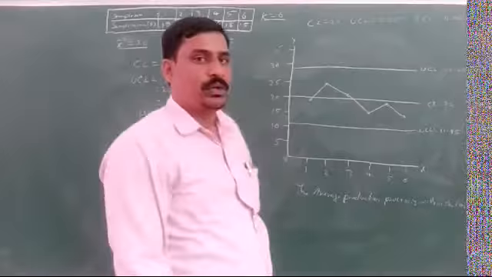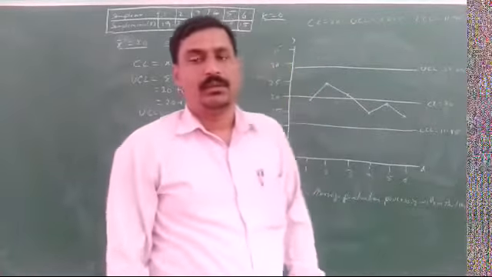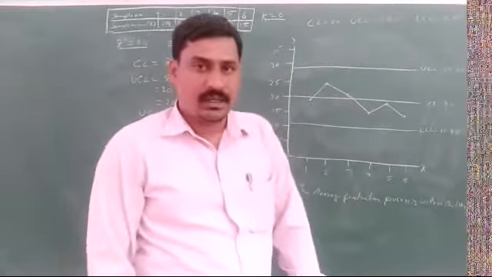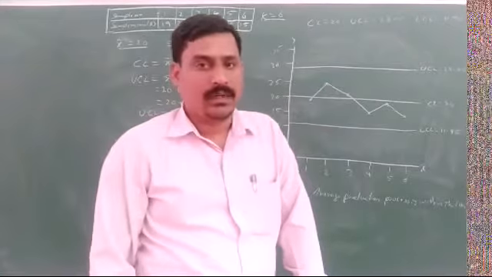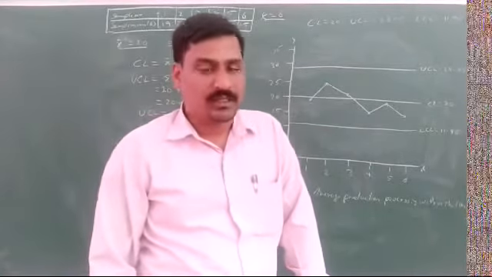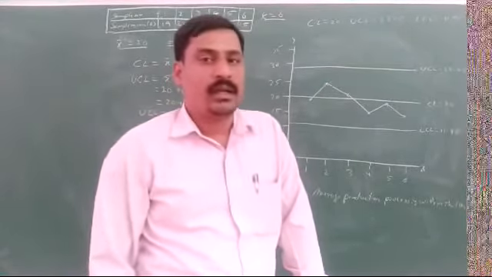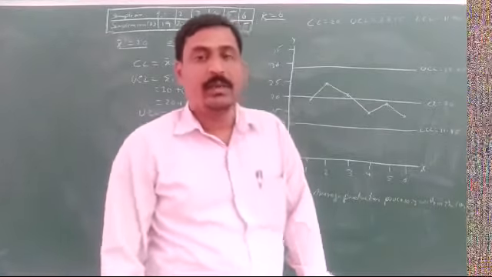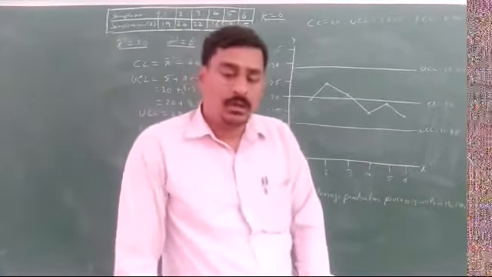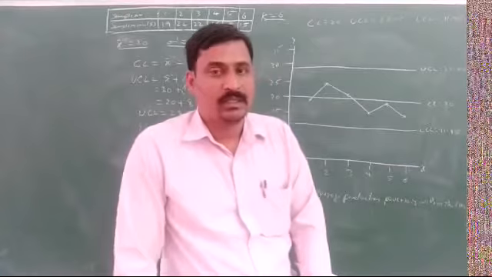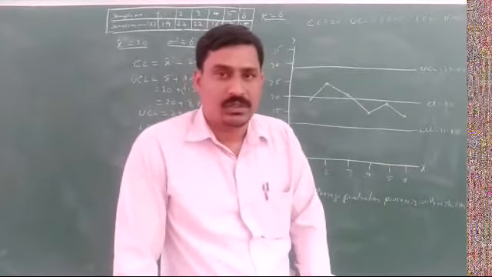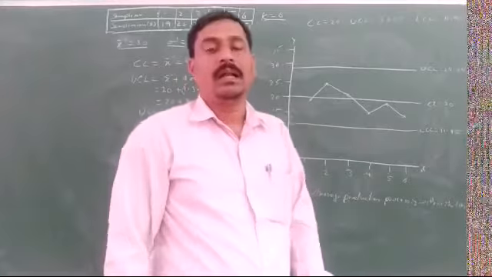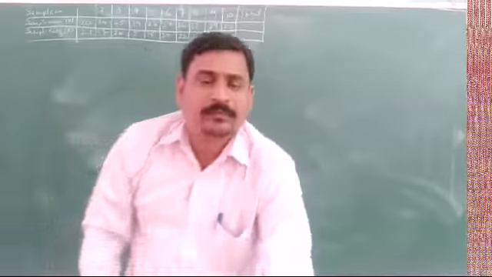So this comment we have to write at the end. After studying and observing the chart here, you should write a comment. Here, since all the points are within the control limits and there are no continuous 7 points in one area, no upward or downward bias, no cyclical variation, the average process of the production is under control.